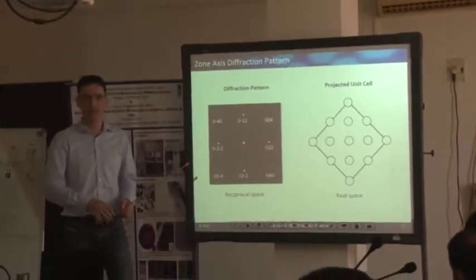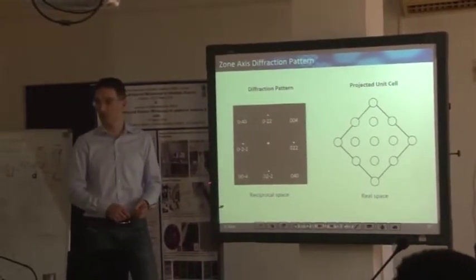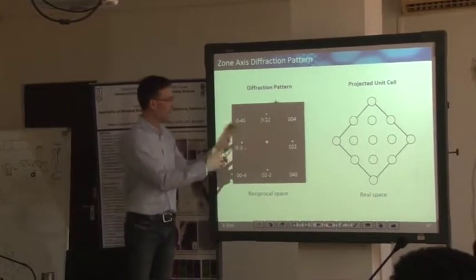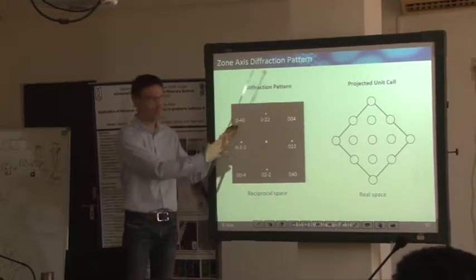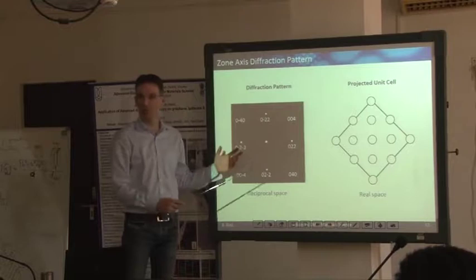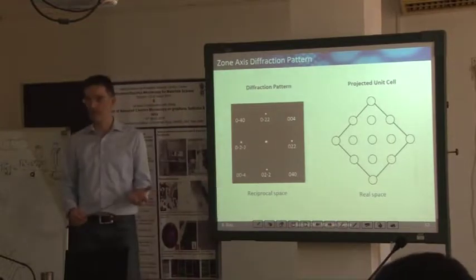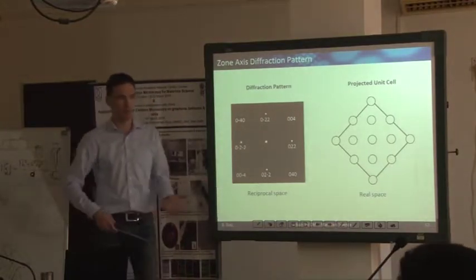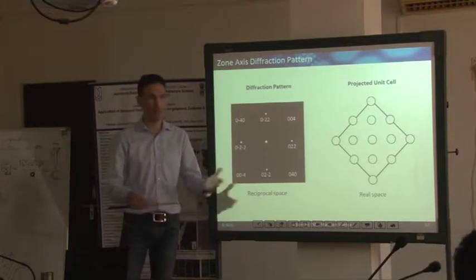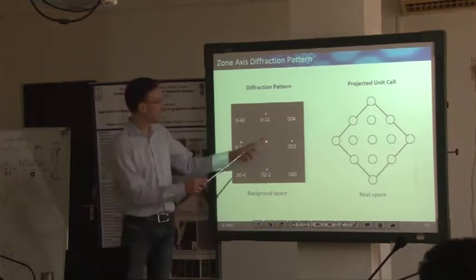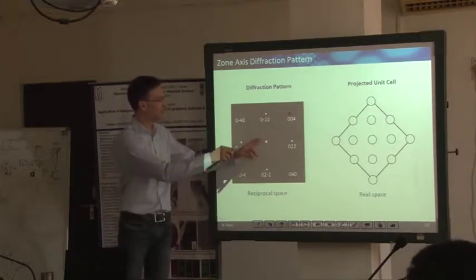If you slightly defocus or change the strength of the lenses, the scaling changes. So you have to calibrate using a known crystal. I would suggest silicon, because it is a highly perfect crystal that is readily available. And then you can measure these distances.